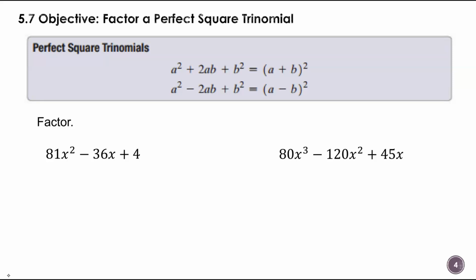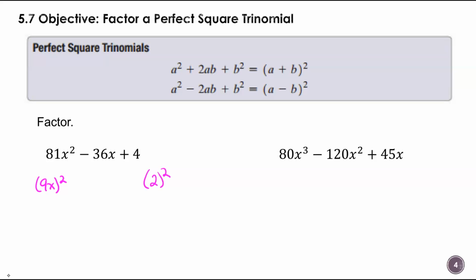Okay, so these just got a little bit bigger. Now these are the kind that, if you had to use the AC method, might be a little messy just because of the big numbers that you would get. It's still doable. Yes, you can still factor it that way. 81x squared, my A would be 9x. My B would be 2.